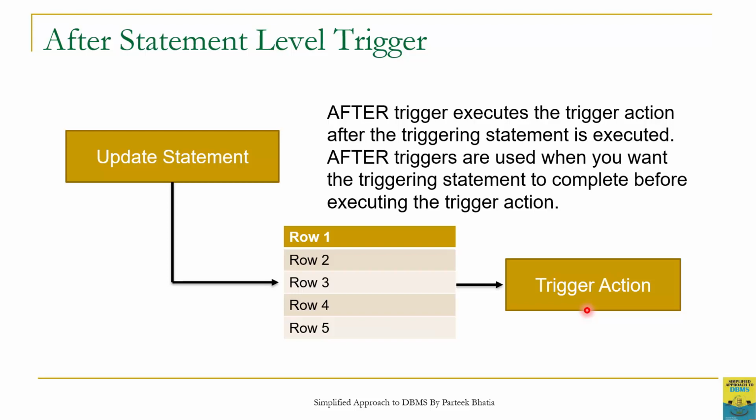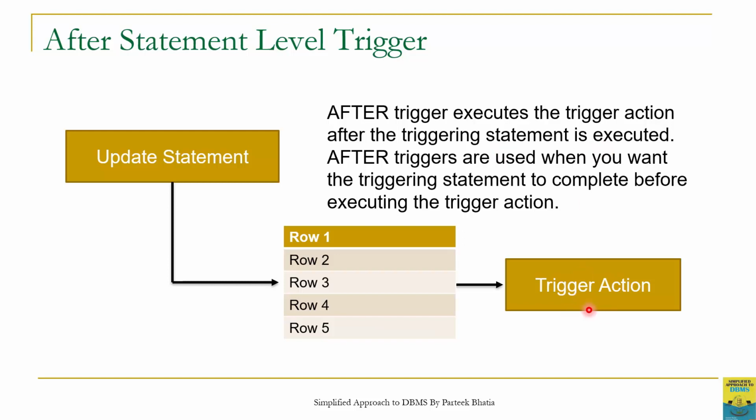It means the trigger action is performed after executing the triggering statement. Here the triggering statement is update. So after executing the triggering statement, which is updating 5 rows of the table, the trigger action is performed. So we can conclude that an after trigger executes the trigger action after the triggering statement is executed.